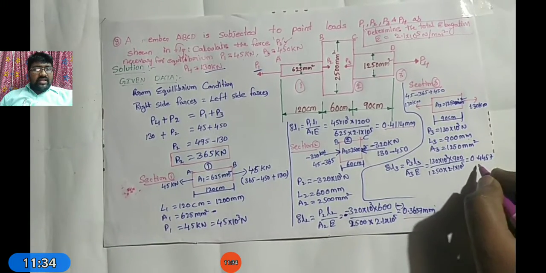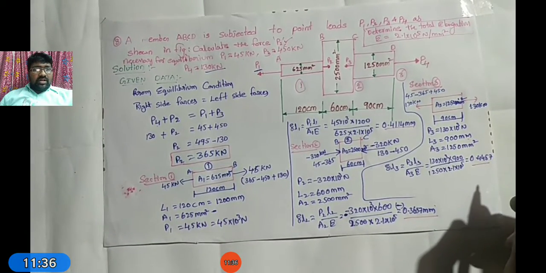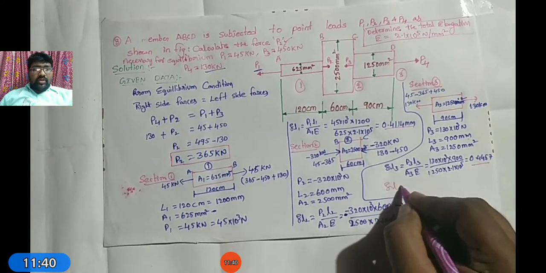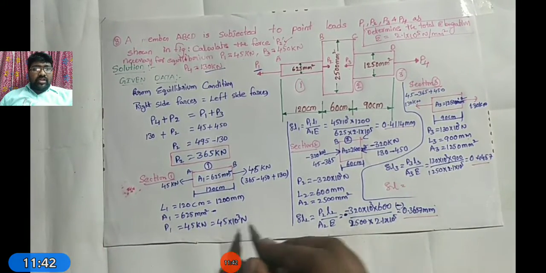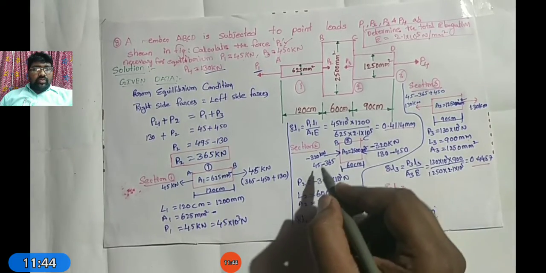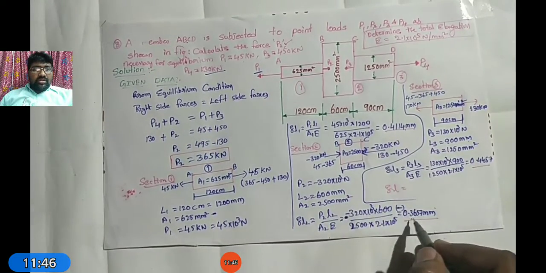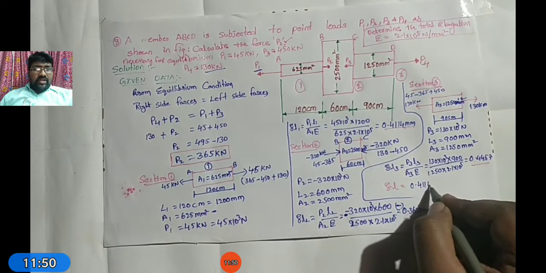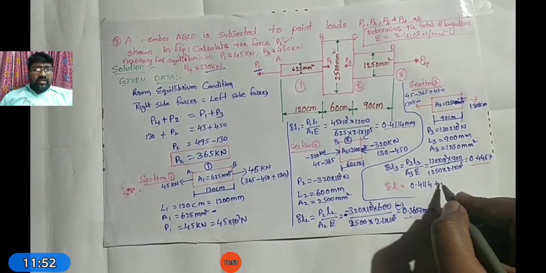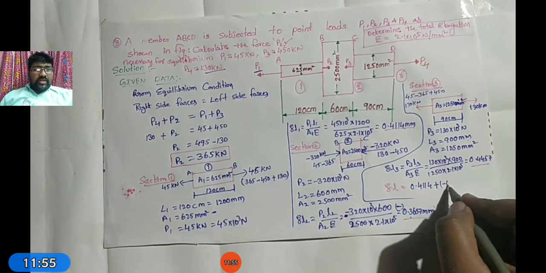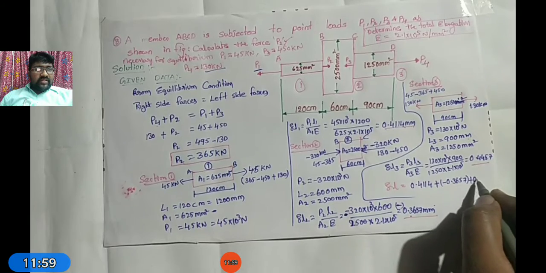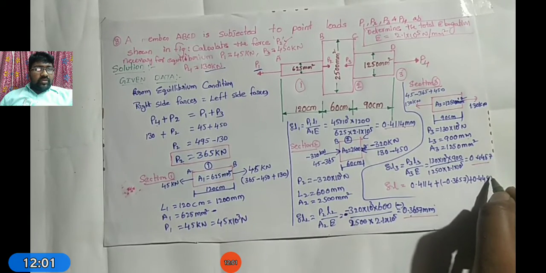Because in section 2 the load is compressive, the value is negative. In section 1 and section 3 the load acted is tensile, so these two values are positive, and only the middle portion change in length is negative. Substitute all these values in the change in length equation: plus 0.4114, minus 0.3657, plus 0.4457.